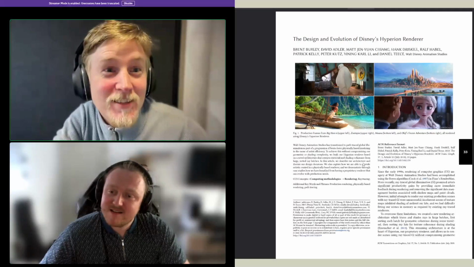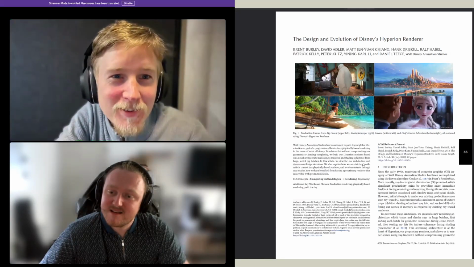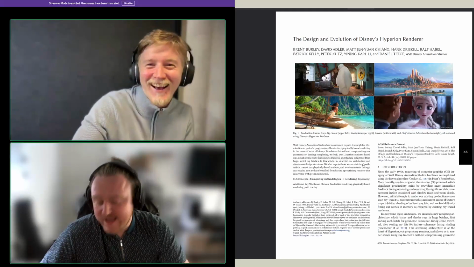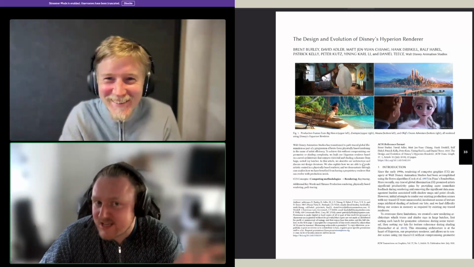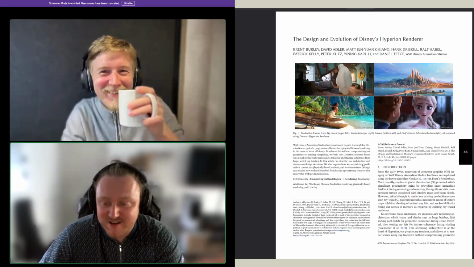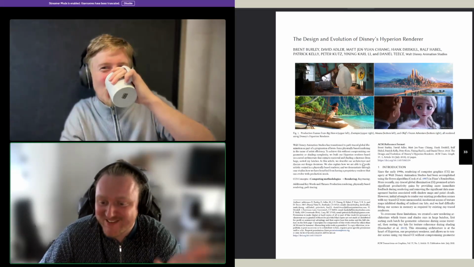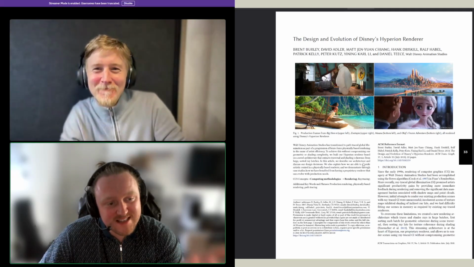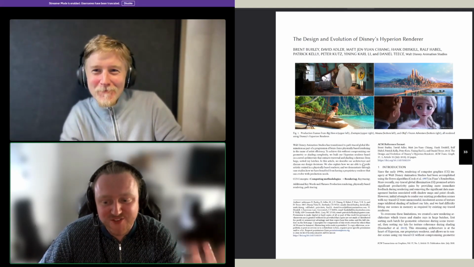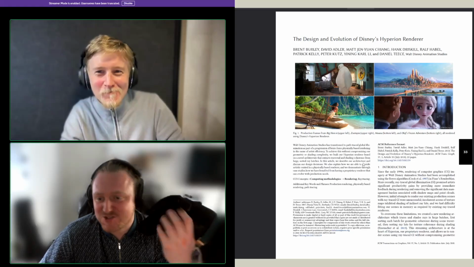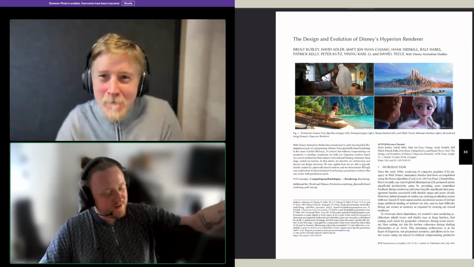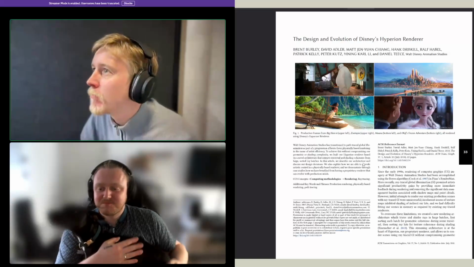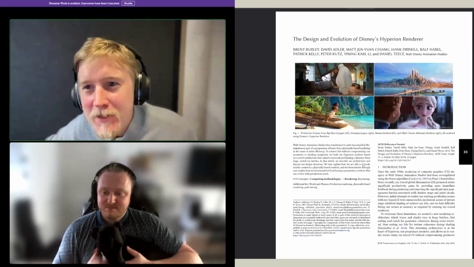So, Disney's Hyperion renderer, not Pixar, Callum. Yeah, so it's interesting because I wrote Disney in our show notes, right? So I knew, but I guess I hadn't really realized that they were distinctly different things. To me, it's Disney Pixar. Well, the history there is from the 1980s with Beauty and the Beast.